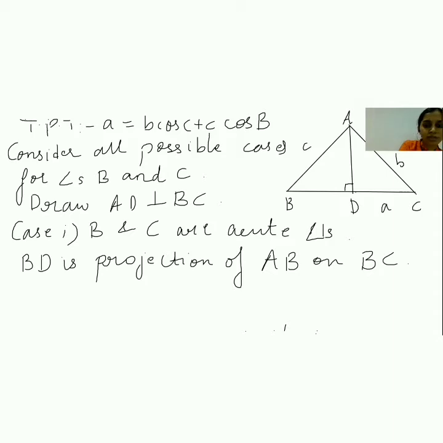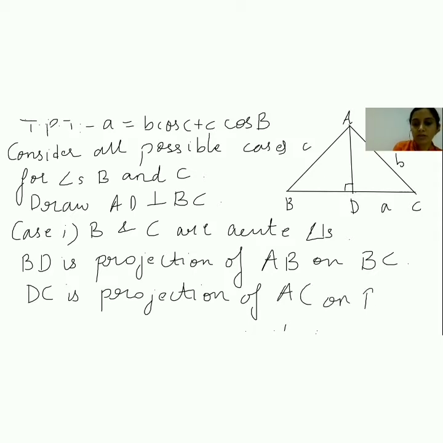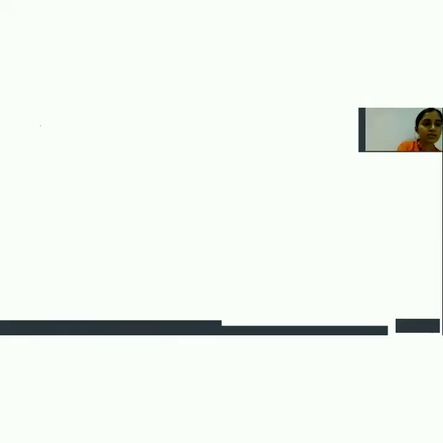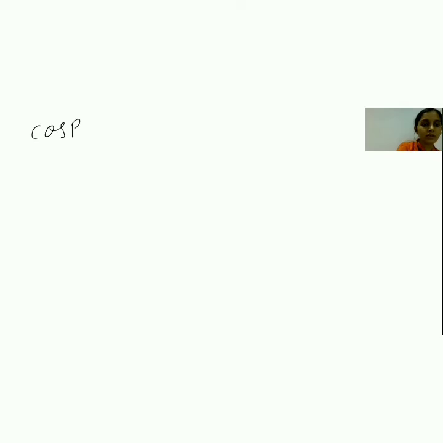Similarly, we can say that DC is the projection of which side? It will be AC on BC. Okay, this is the projection. Now, how will we write this? So we say cos of B is equal to, now what is cos of B?